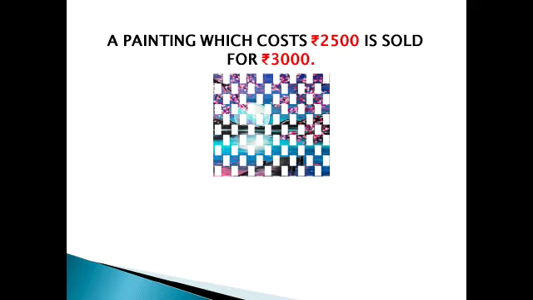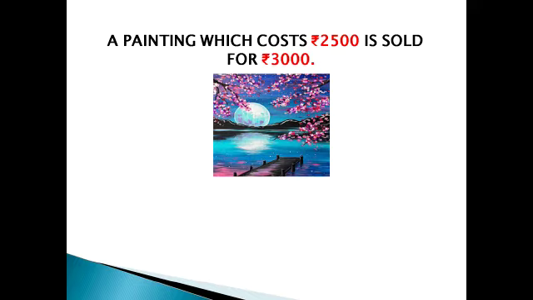Moving ahead to the next topic, let us consider an example. A painting which costs 2,500 rupees is sold for 3,000 rupees. Children, can you guess what is the cost price of this painting? Yes, the cost price of this painting is 2,500 rupees.